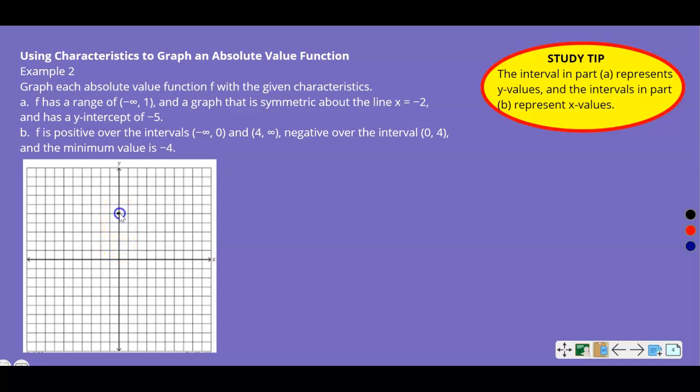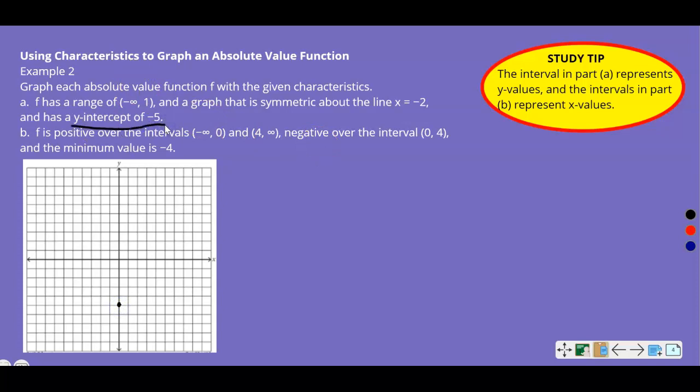We're going to put a point here on our y-axis at -5, sorry. I saw that, and then I still went up 5. So we're going to come down 5. All right, so a y-intercept of -5.